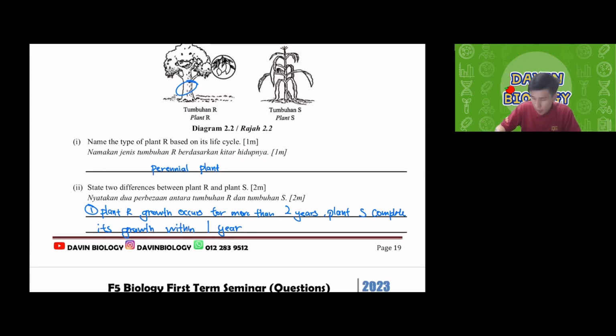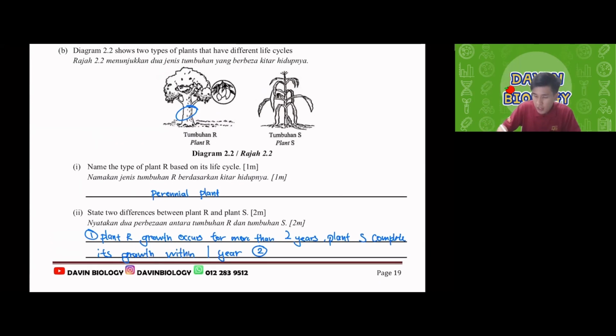All right, and another one. What difference if I point this part? Yes, woody, non-woody. So plant R got woody stem, got woody tissues. Plant S doesn't have.